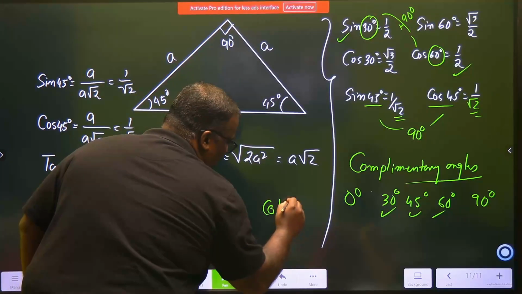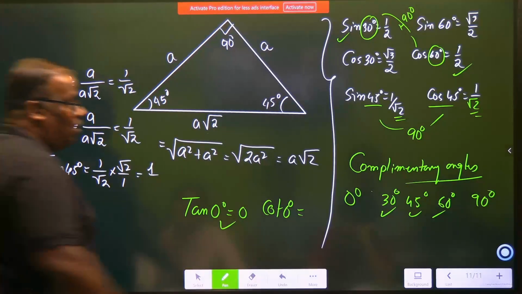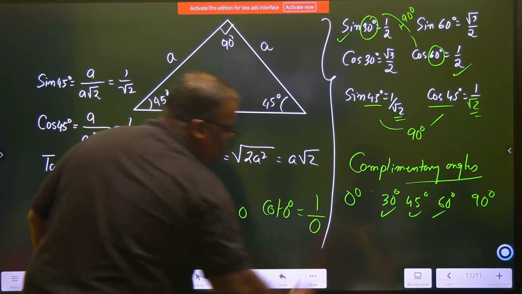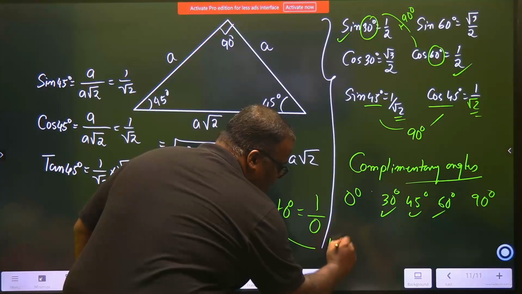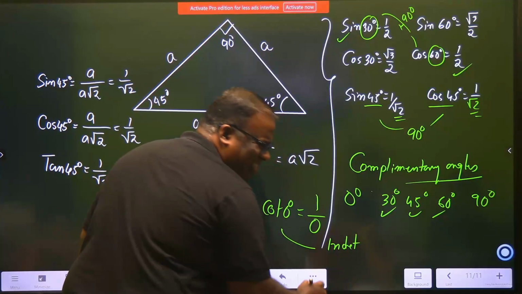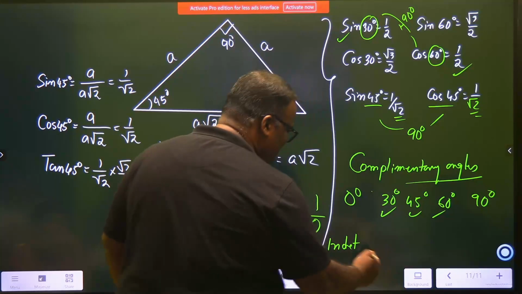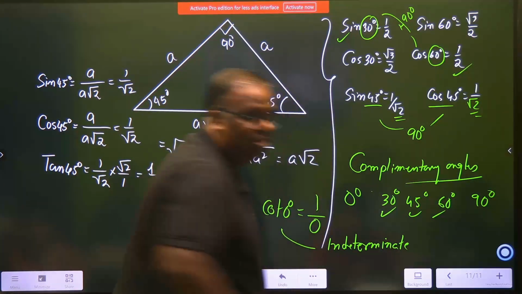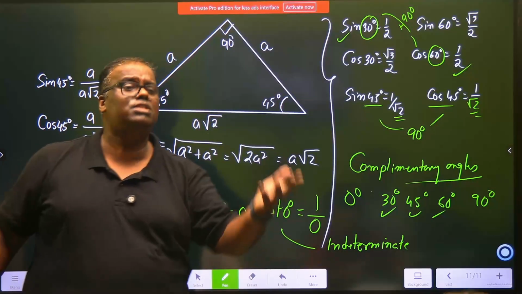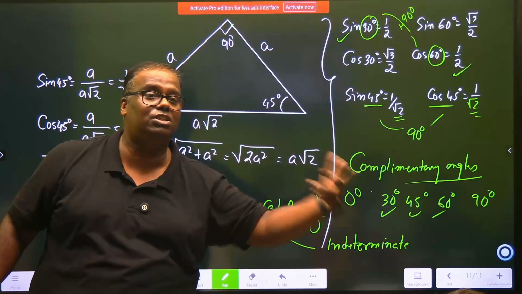Can anybody tell me what is cot 0? Cot 0 will be how much? Cot 0 is 1 upon 0. 1 upon 0 in mathematics is called not defined. Indeterminate means something you cannot determine.